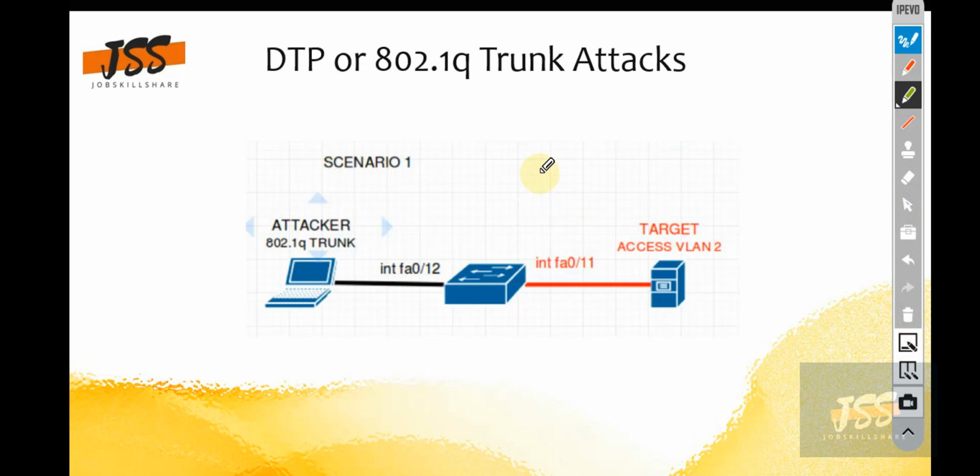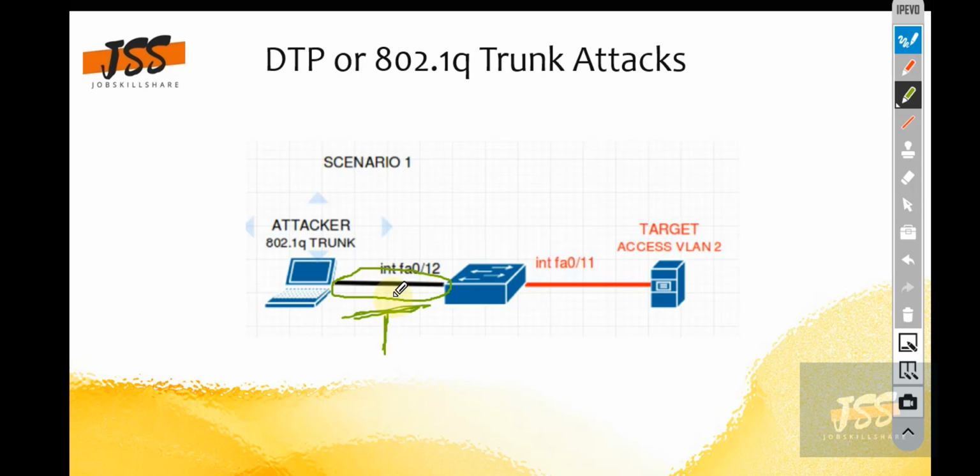So as you can already feel, now you have a feeling that all information will go through this trunk link. So what the attacker will do is make this link a trunk link.